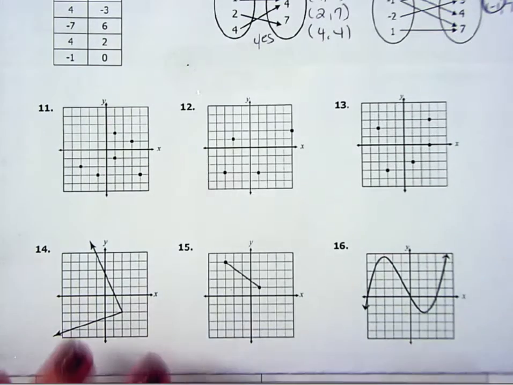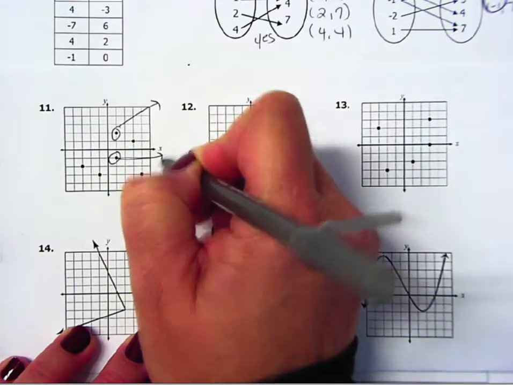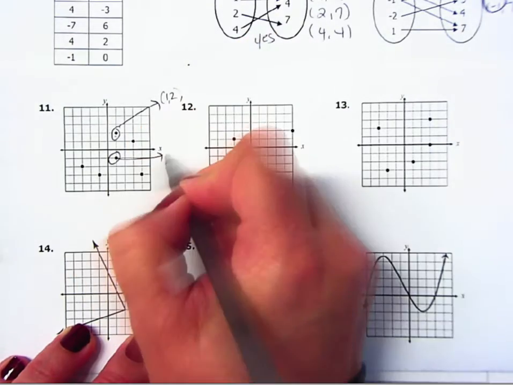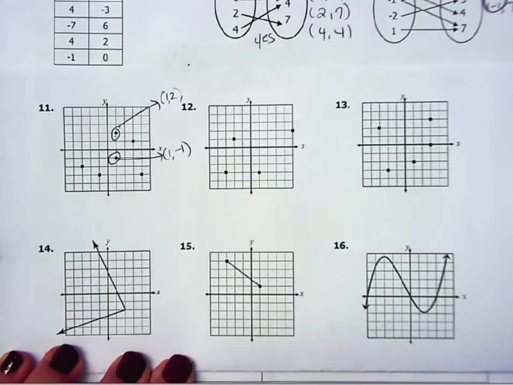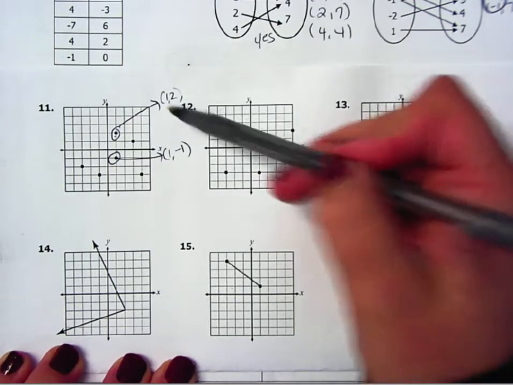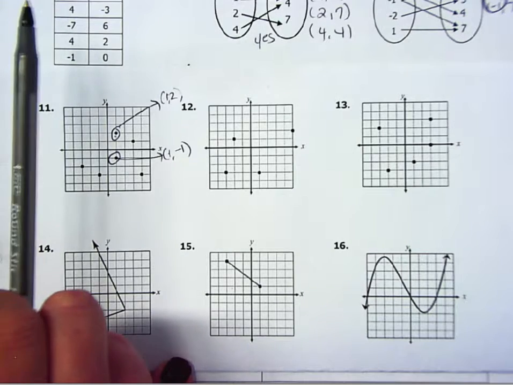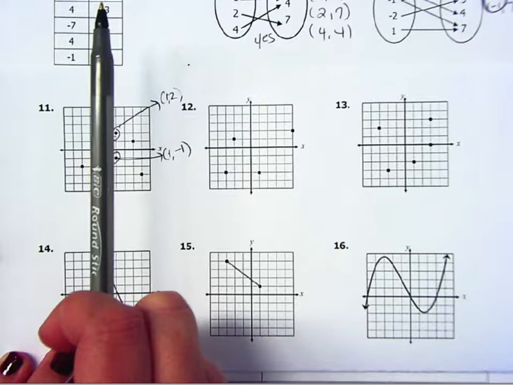Their coordinates are (1, 2) and (1, -1). Going back to ordered pairs, if the x values repeat, then it's not a function. All the vertical line is doing is visually showing you where the x values are going to repeat.